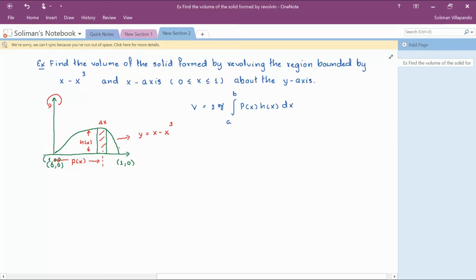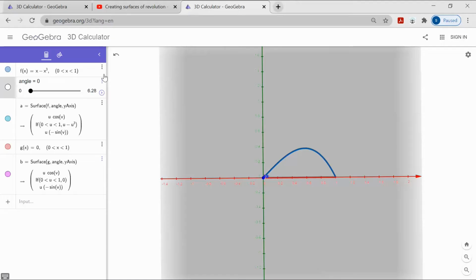So this is two-dimensional. Now let's take a look at three-dimensional, because they want you to calculate the volume. This is the two-dimensional graph I showed you from the previous page. Now we're going to turn to the three-dimensional and rotate around the y-axis.